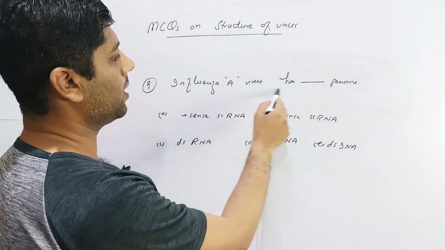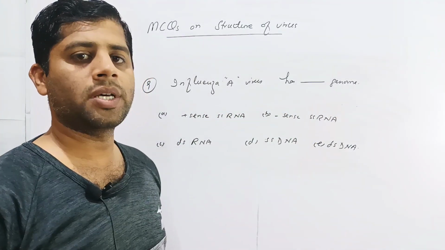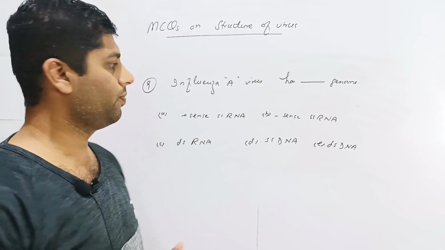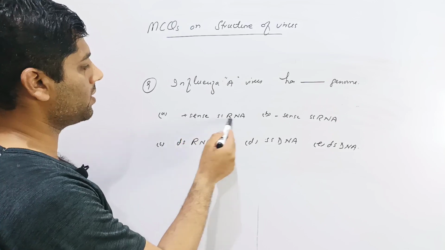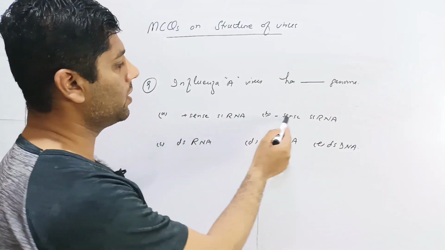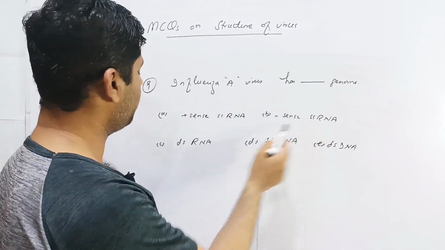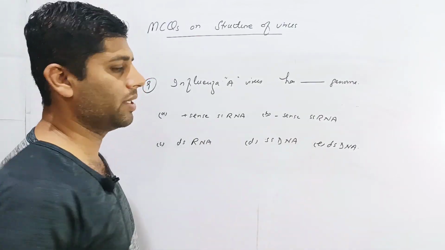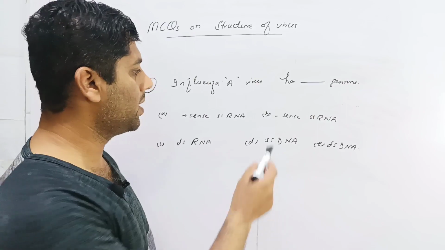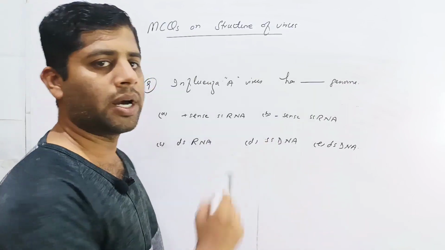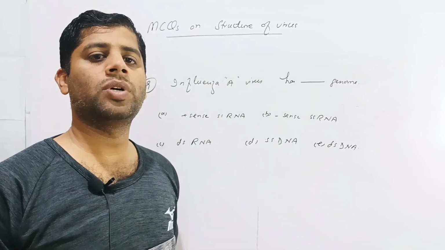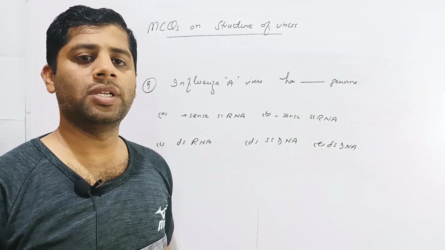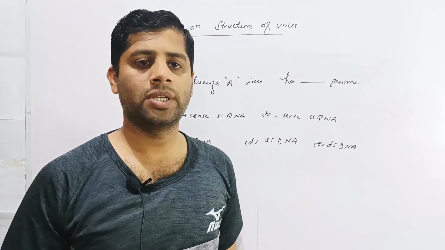Influenza A virus has dash genome. He is asking about the genetic makeup of the influenza A type virus. Options are positive sense single stranded RNA, negative sense single stranded RNA, double stranded RNA, single stranded DNA, or double stranded DNA. All these concepts regarding DNA and RNA types can be learned through our previous lecture on Baltimore classification. I told you earlier that the link of this video is given in the description box.